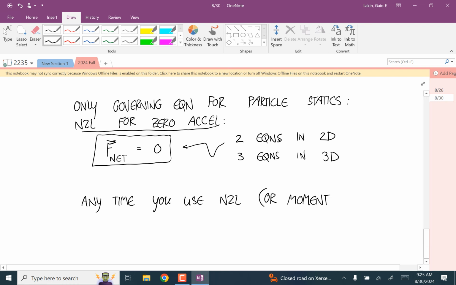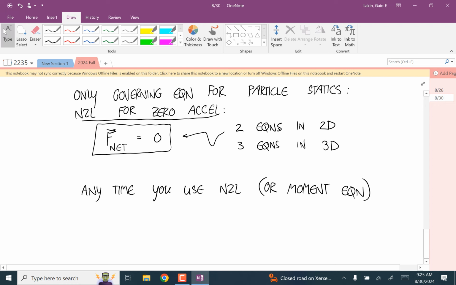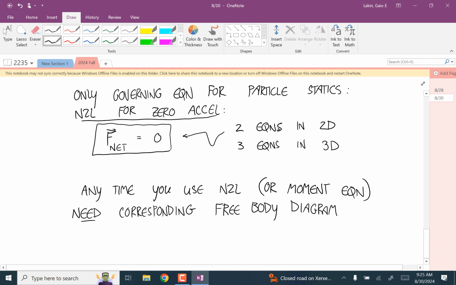Anytime you use Newton's second law or the moment equation, you need to draw a corresponding free body diagram. And I'll just abbreviate those FBD.